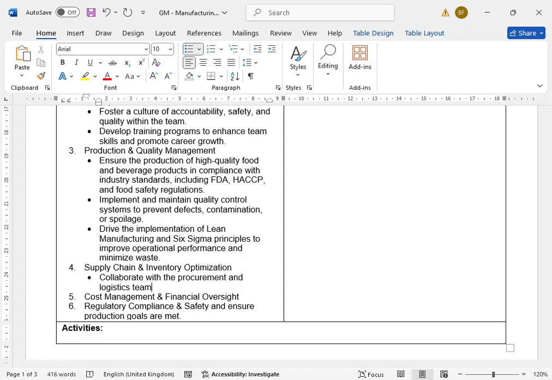Especially if you're talking about tons and tons of raw materials that they're going to maintain in the warehouses, then logistics should have the system in place to manage all these items, the raw materials.